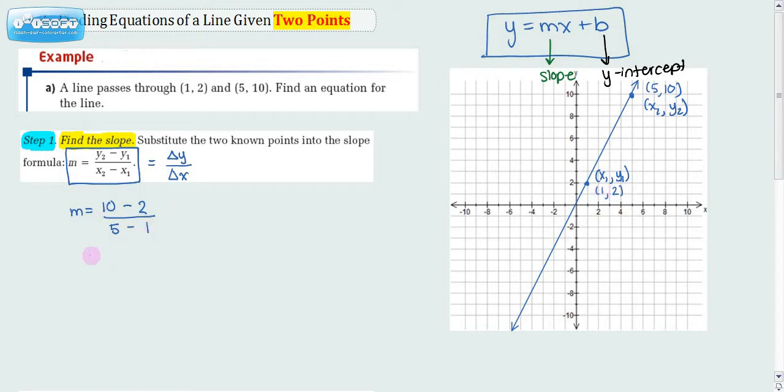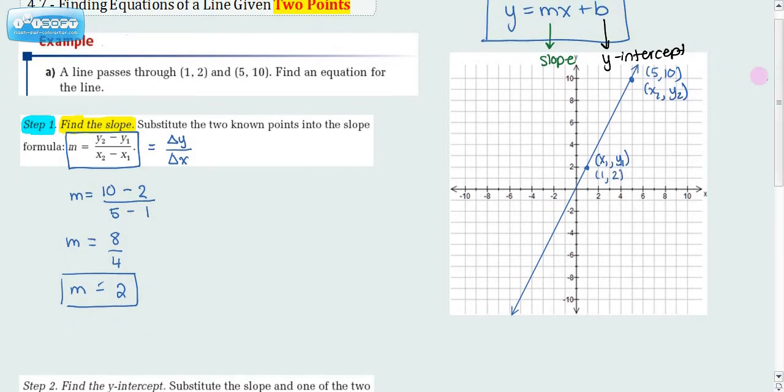Okay, so now I just plug that in. 10 minus 2 is 8, 5 minus 1 is 4. So my slope is 8 over 4, which is simply 2. So there we have it, a slope that we can use to plug into our equation of a line. But we need something else.